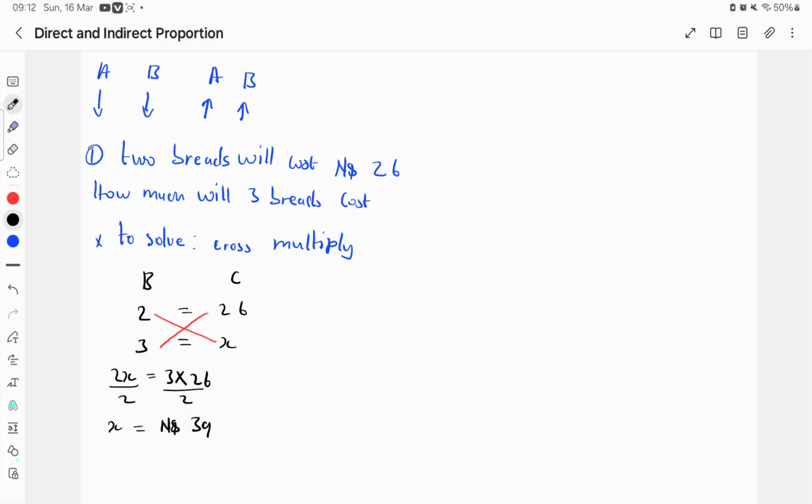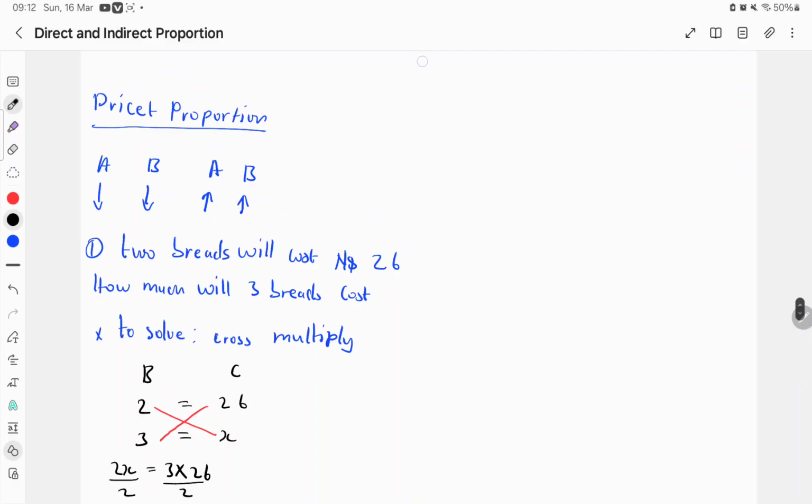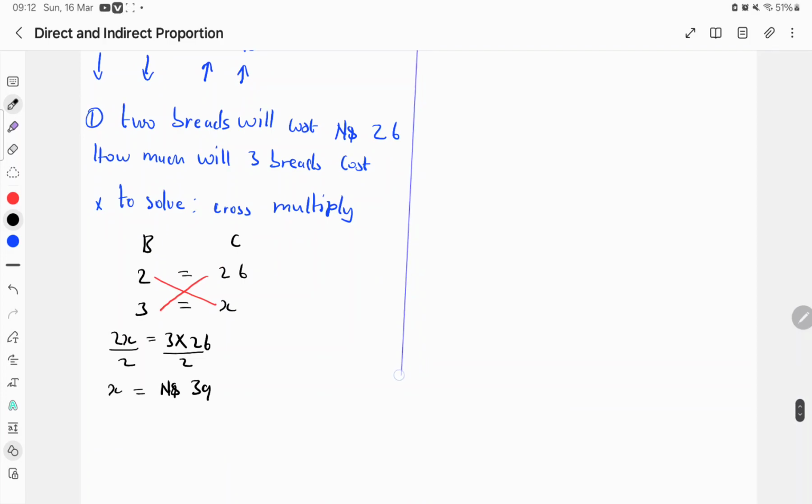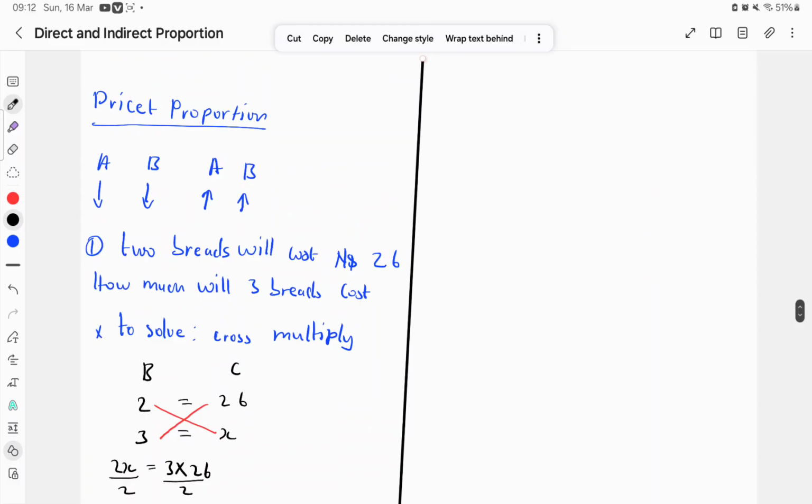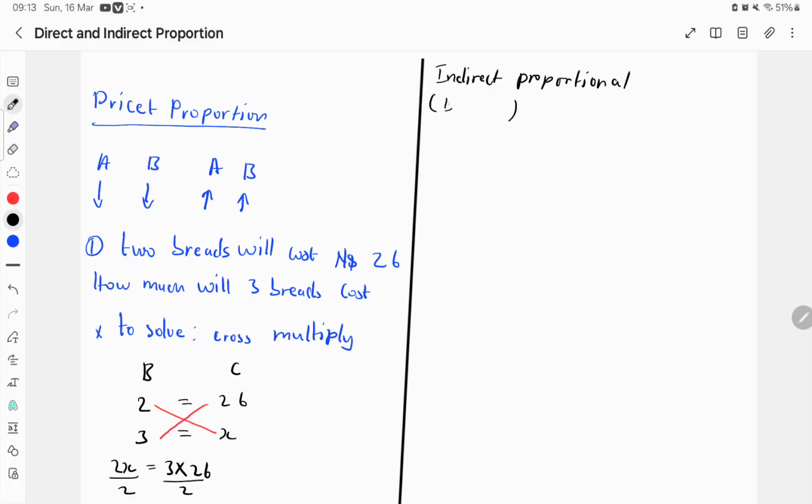Now let's look at indirect proportional. Indirect proportional has another name. It's called inverse.